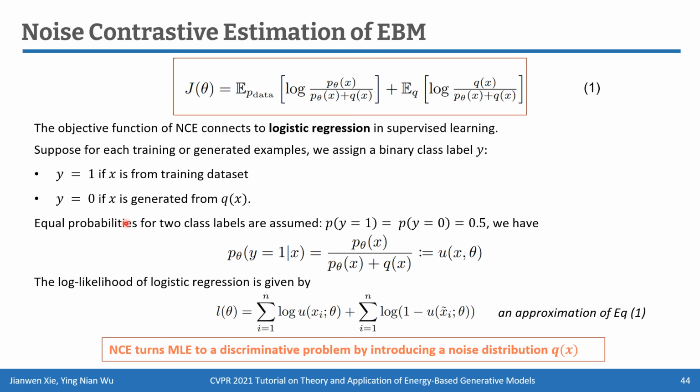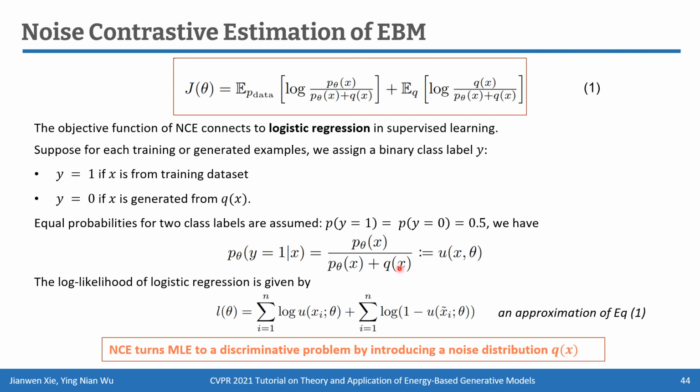According to the Bayes rule, let's assume that the prior probabilities are the same. Then the conditional probability of positive given x is this ratio. Therefore, the log likelihood for each observation x_i will be the log of this for the positive examples and the log of 1 minus its probability for the negative examples. This is nothing but the log likelihood for logistic regression.